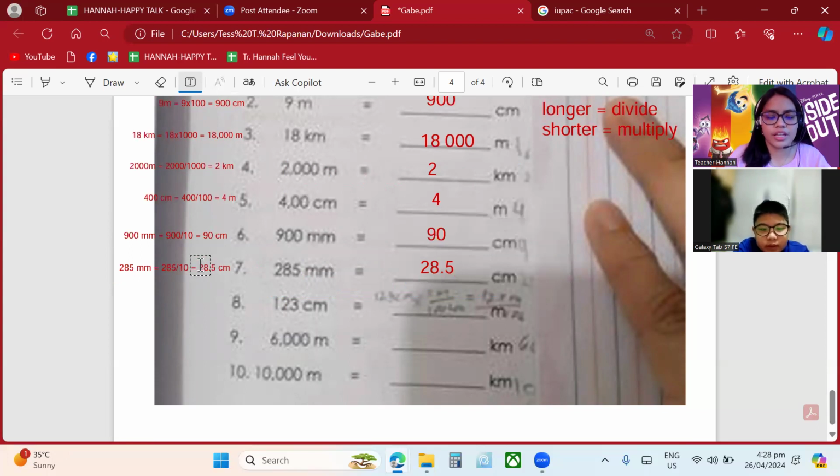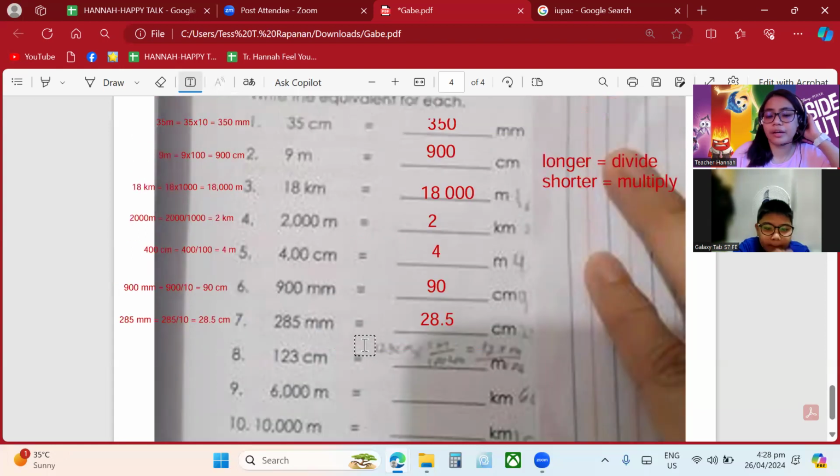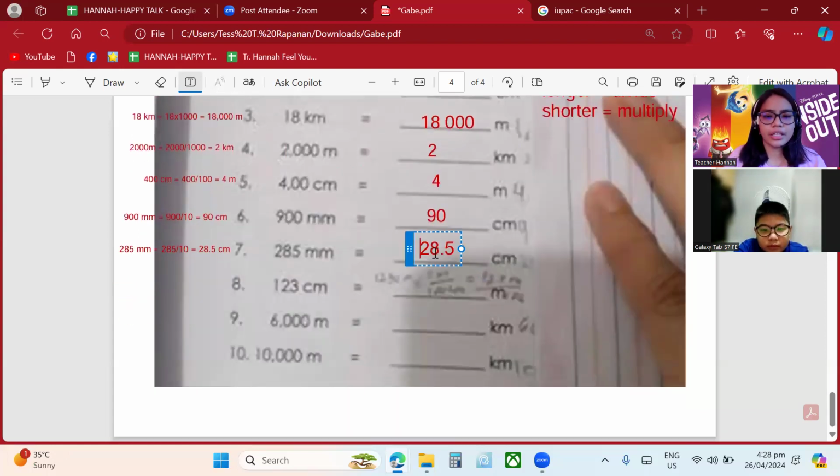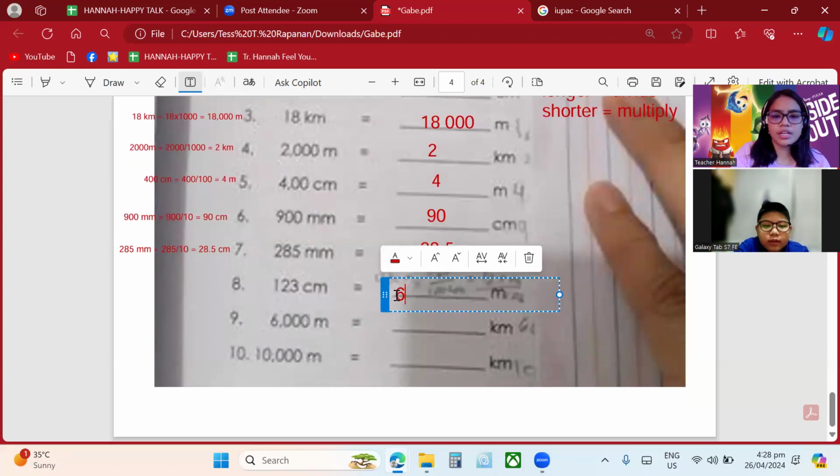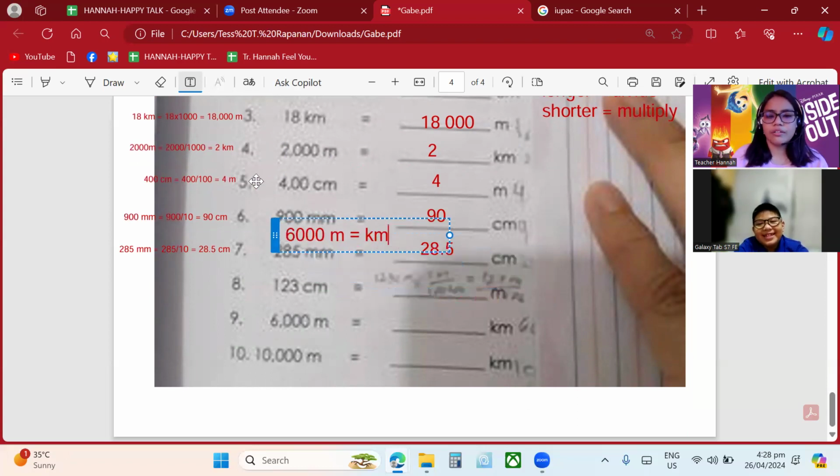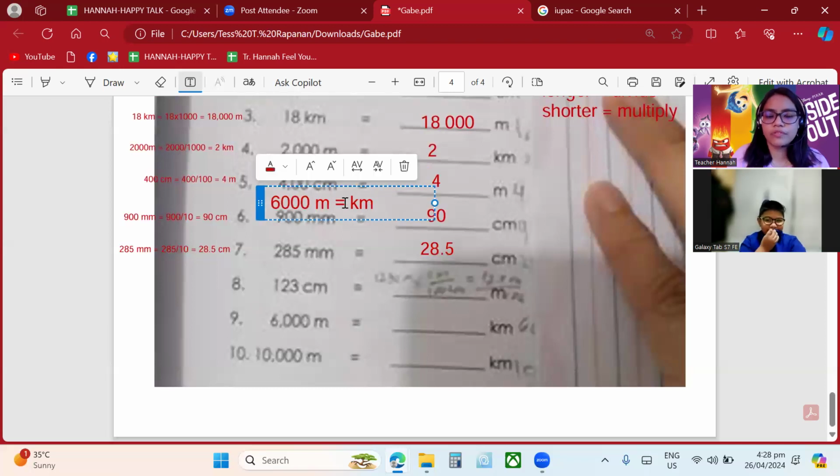We're just 3 more away. So let's do number 9, because number 8 is also decimal. Number 9 is 6,000 meters going to kilometers. Let's do what we're going to do first.